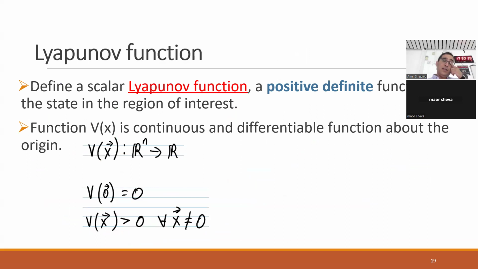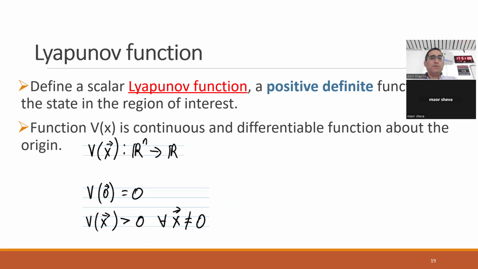Now, if we want to check the stability of a nonlinear system, not through its linearization, we can do this through a Lyapunov function, and Lyapunov's second method. So first we define what a Lyapunov function is. A Lyapunov function is a scalar function.